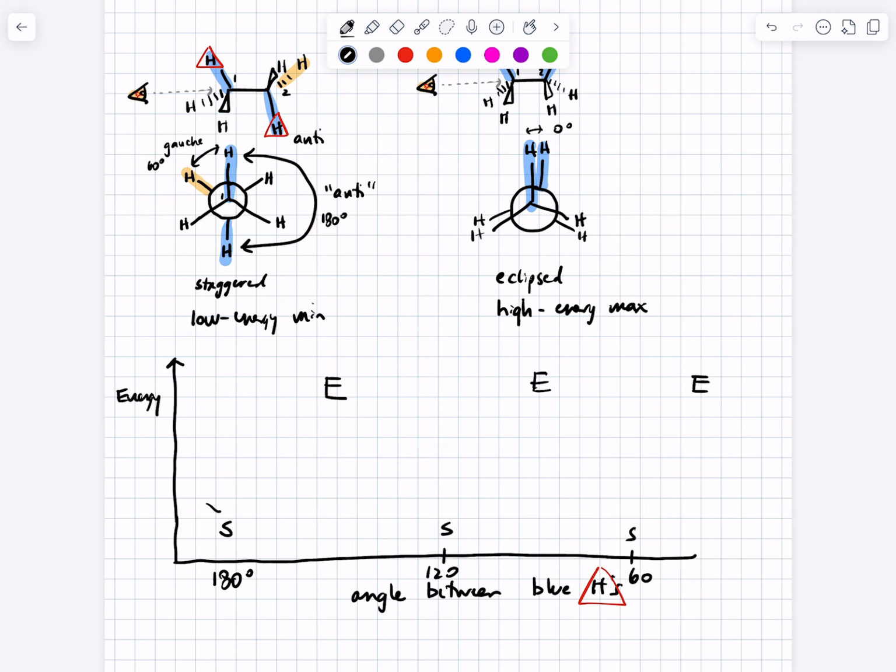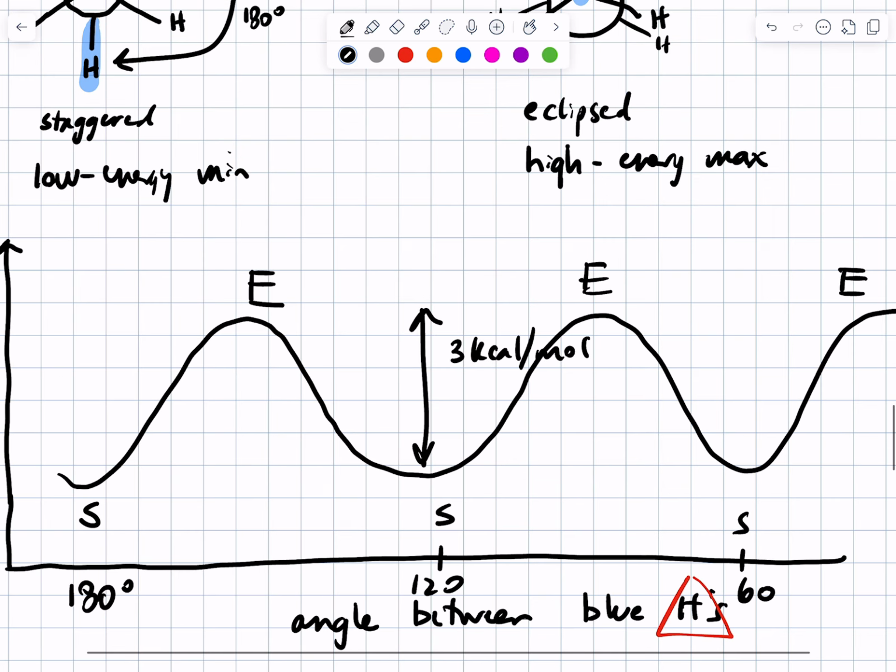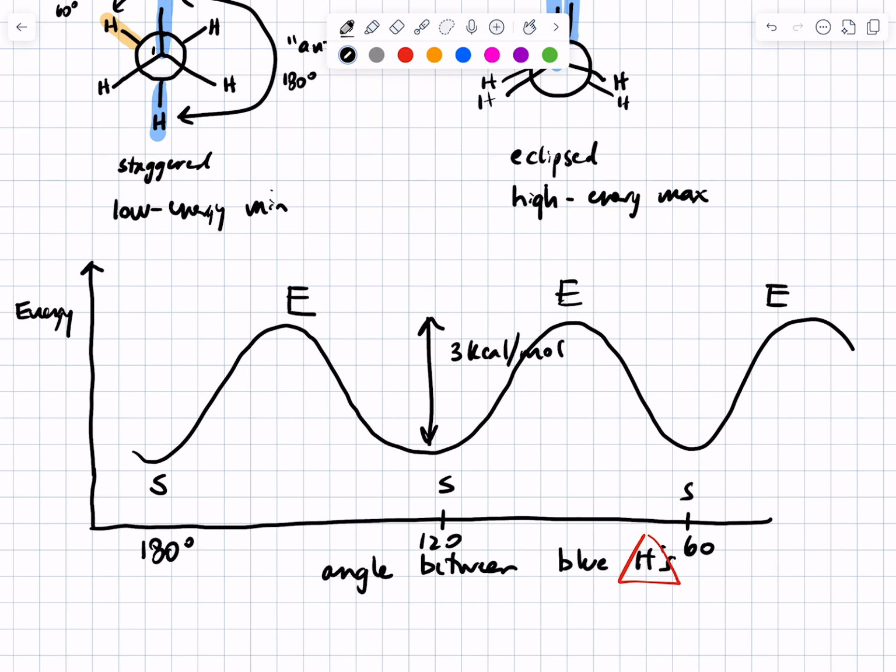And you could draw an energy diagram that would look like this, where rotation around the carbon-carbon bonds gives you this transition between eclipsed conformations and staggered conformations. And again, that transition is worth about 3 kilocalories per mole. Okay, in organic chemistry and in chemistry in general, maxima on an energy diagram are transition states.